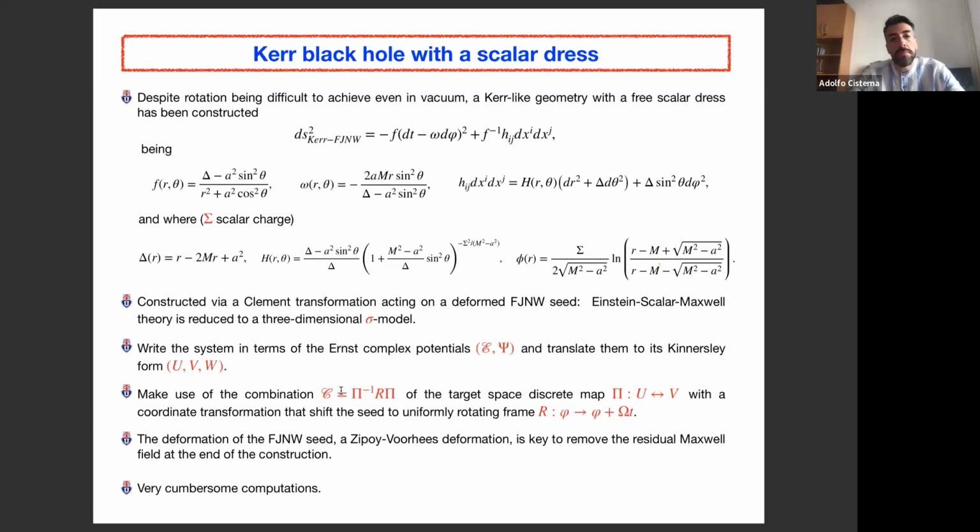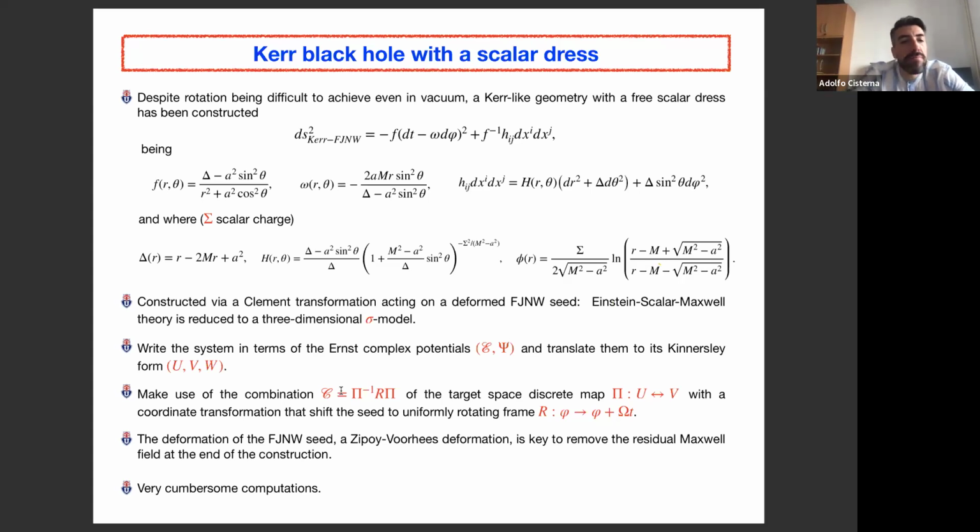Nevertheless, there was a known solution, the Kerr-Fisher-Janis-Newman-Winicour generalization of the previous one I showed you, and that was given in closed form in a paper by Clement and Gal'tsov.